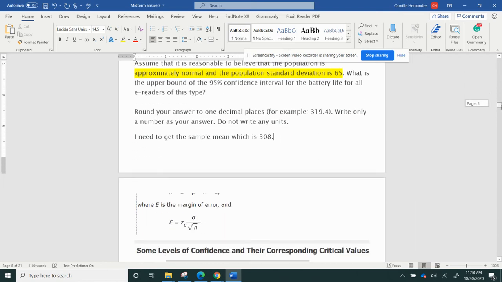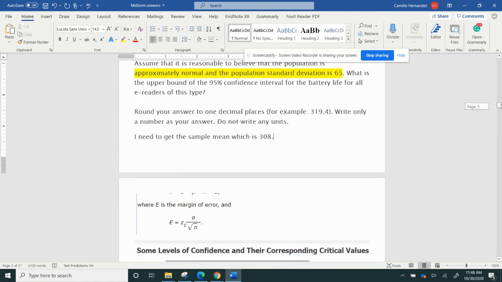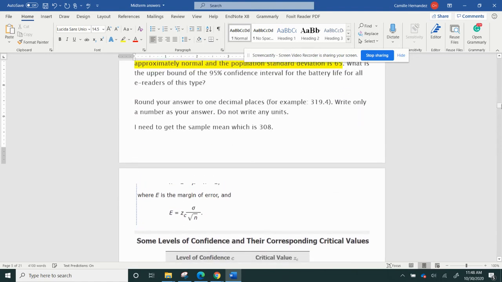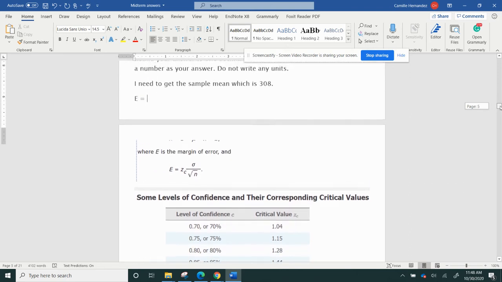All right, and what I need to do next is get the E, which is the margin of error. I've got the formulas here, so let's go ahead and solve it. E equals the ZC, which is the critical value. I put the table here just so you have it.